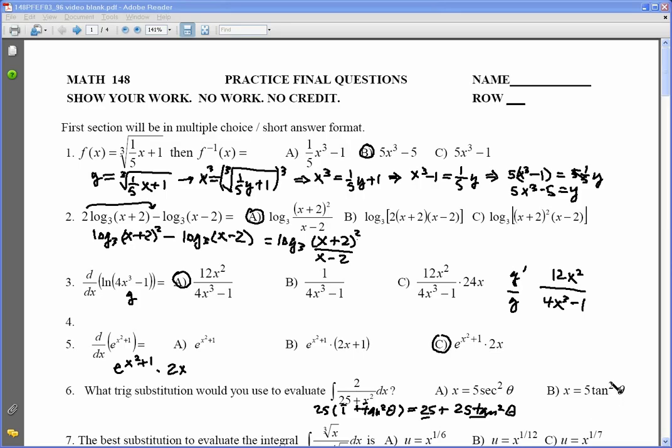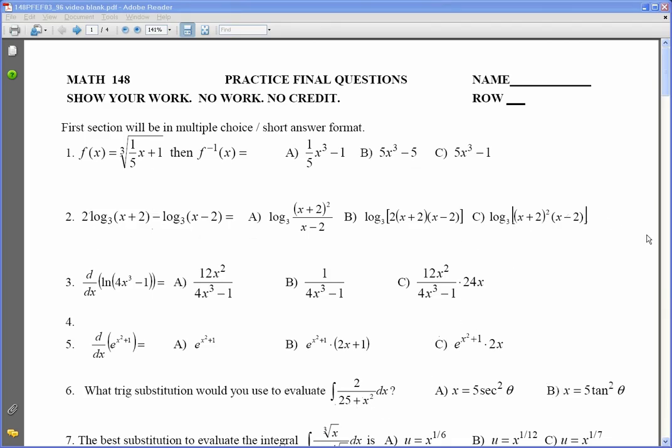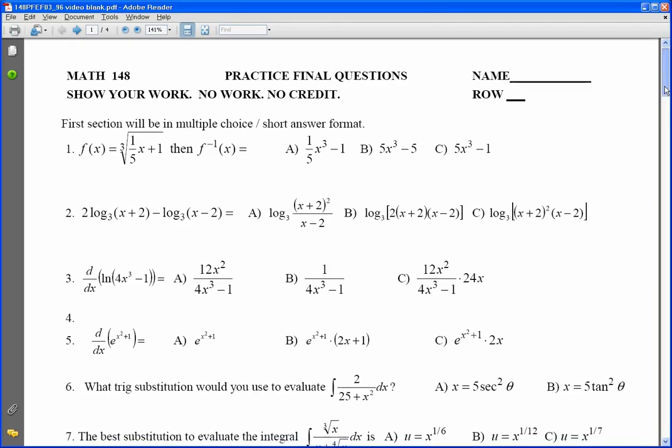So actually this one should not be here. That 2 should not be there. And it should be B, 5 tan theta. Okay, moving on.